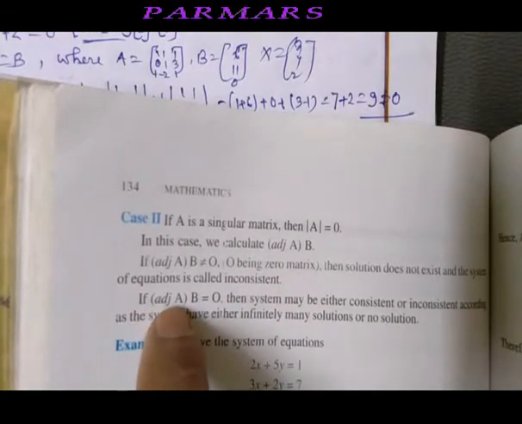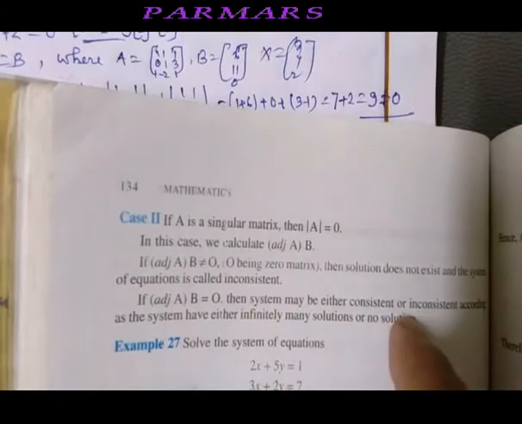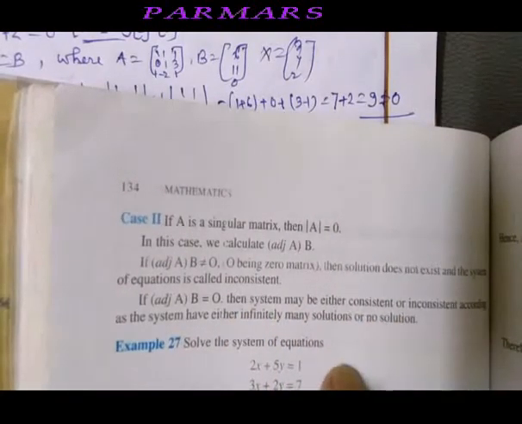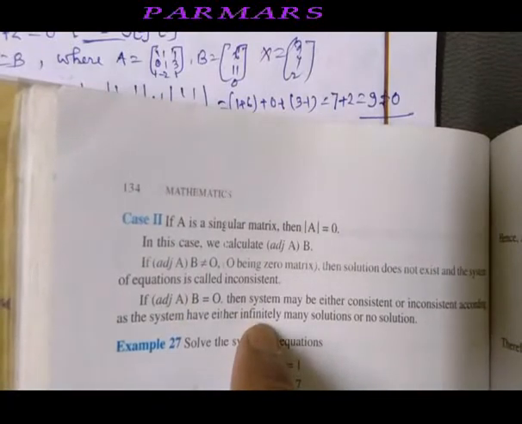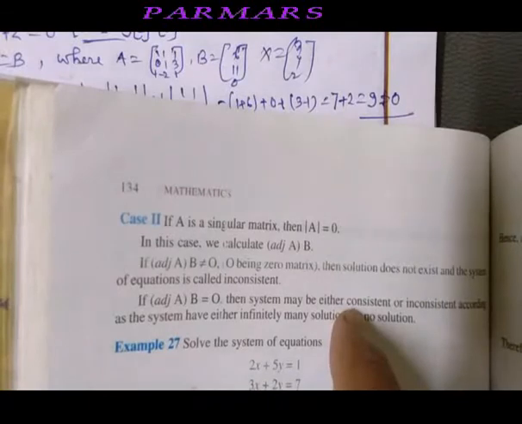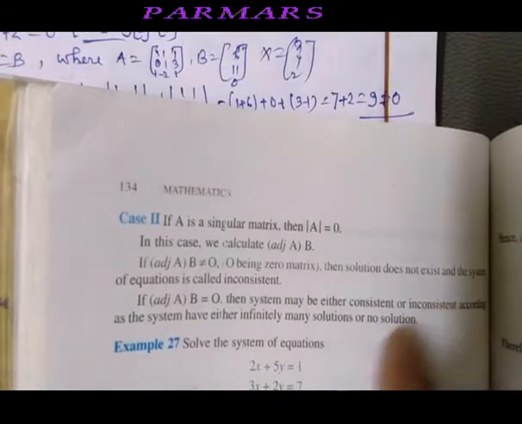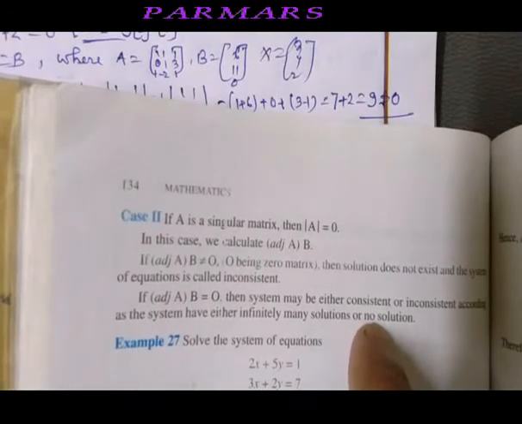But what about if adjoint A into B is equal to 0? Then the system may be either consistent or inconsistent, depending upon whether the system has infinitely many solutions. If the system has infinitely many solutions, then it is consistent. If the system has no solution, then it is inconsistent. How can you show that the system has no solution?